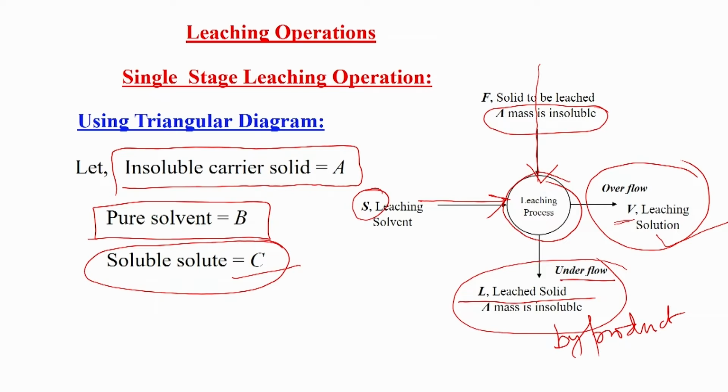We cannot completely remove the target component from this inert, because there will be some association of the target component with the carrier solid A.